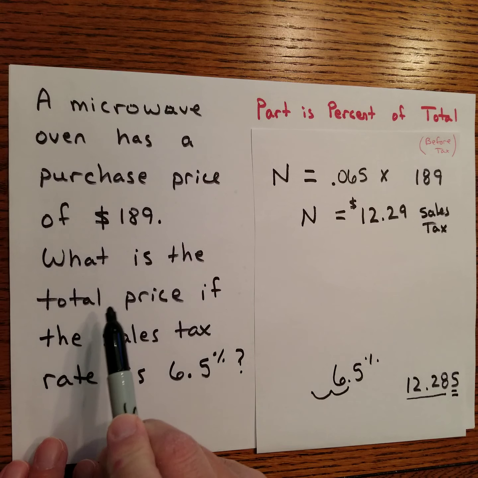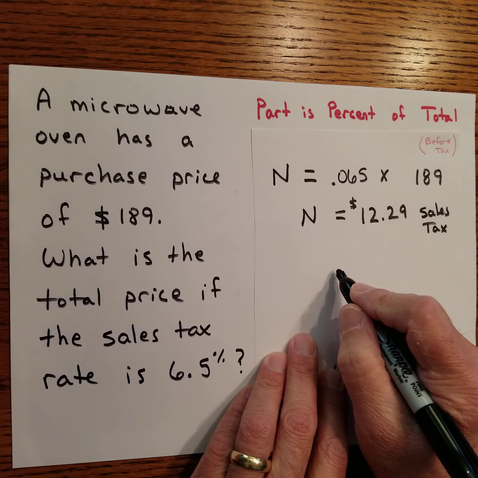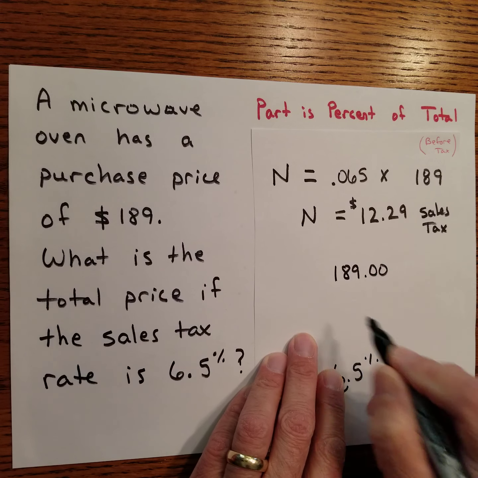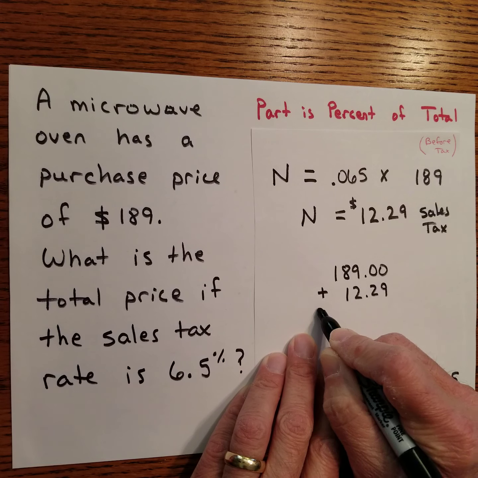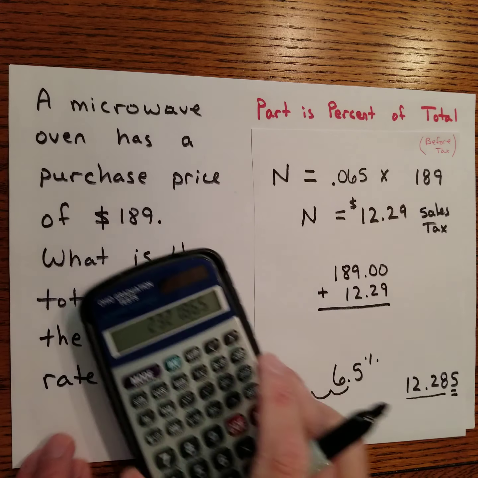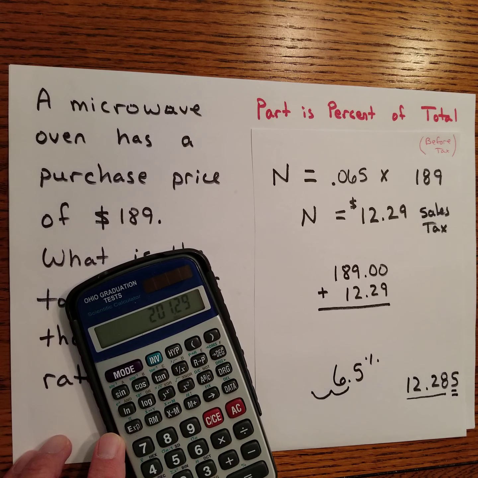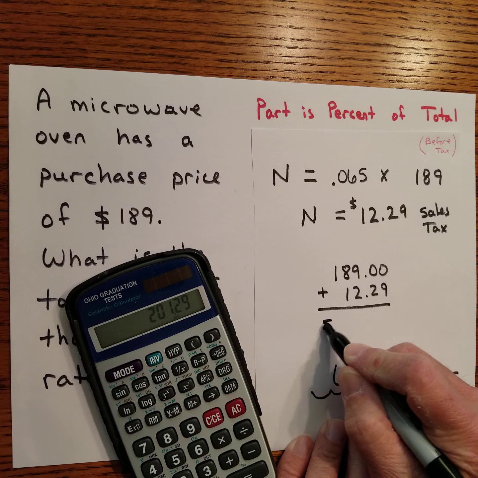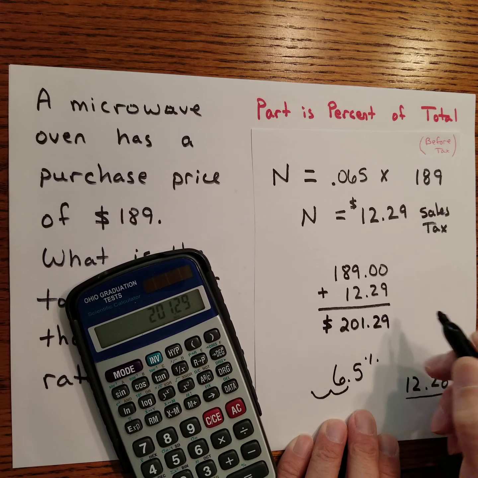But the question says, what is the total price of the microwave? Now before tax, the microwave cost $189. We have $12.29 worth of sales tax. And if we add those together, the total cost, including tax, of the microwave is $201.29.